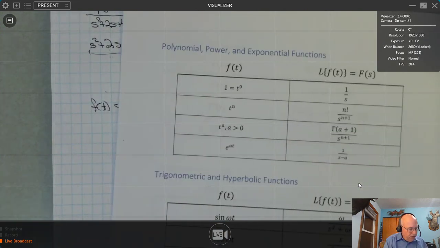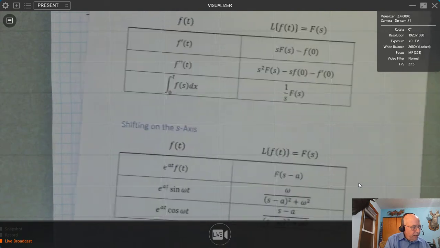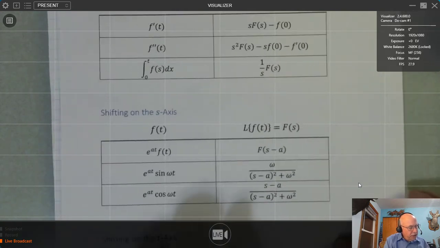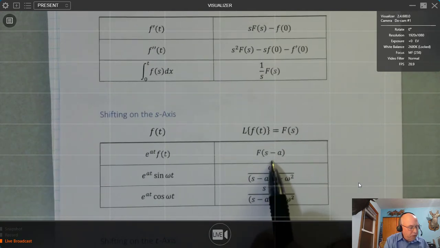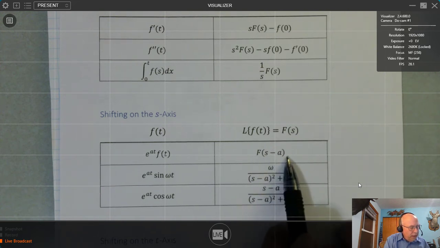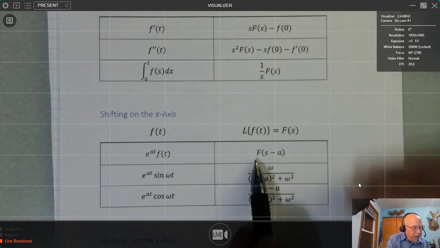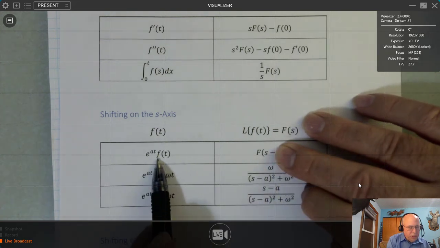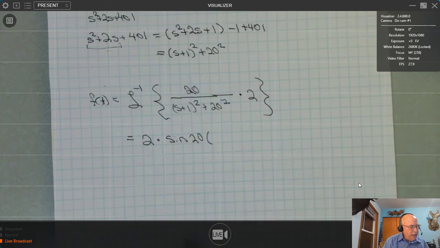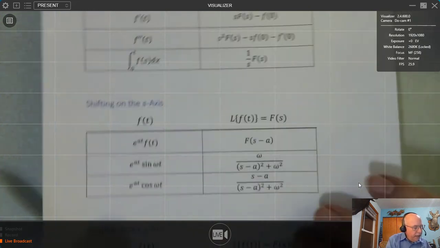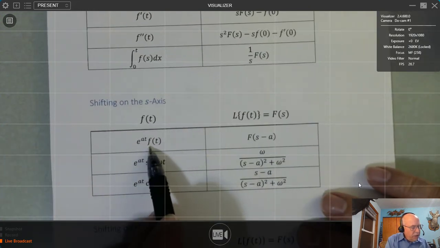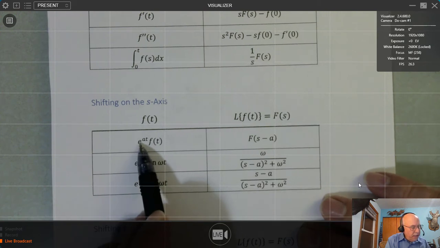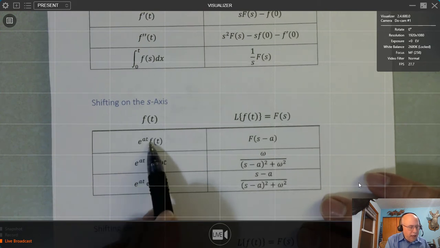And where it comes from, of course, is this shifting theorem that we've been working on. If you have s minus a here, well, then you just forget about the minus a for the time being to get that, which is what we've done, right? That's how far we've gotten. And then you need to multiply this by e to the at.